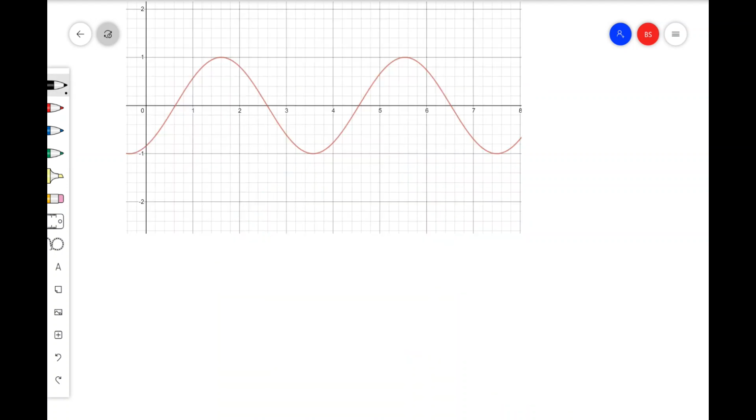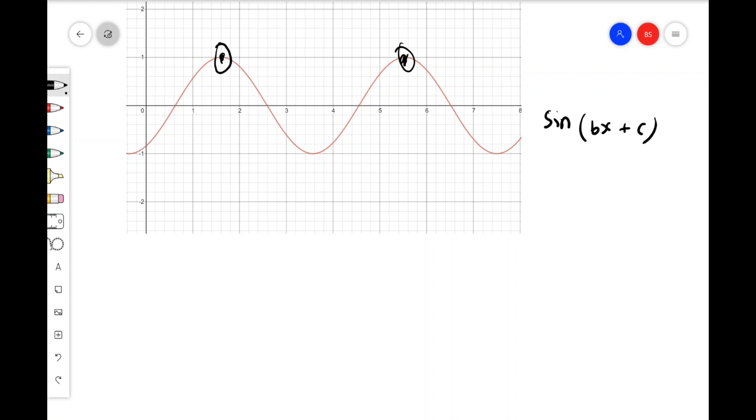Now let's derive the period of the function y is equal to sine of bx plus c. Recall that the period of the function is the distance between the two maximum values or the two peaks, or the distance between two minimum values or troughs.